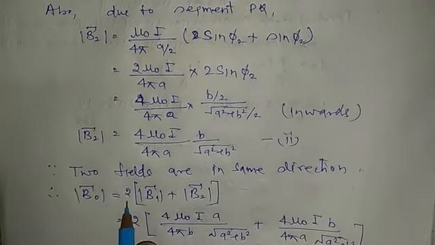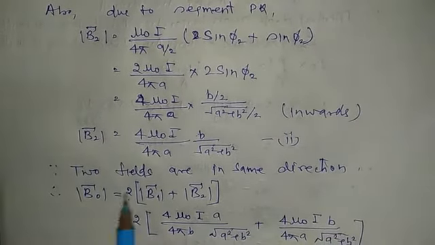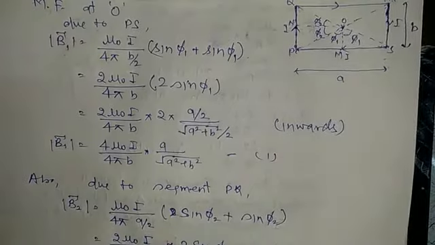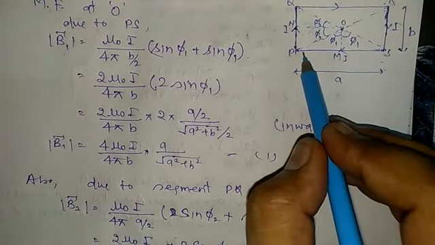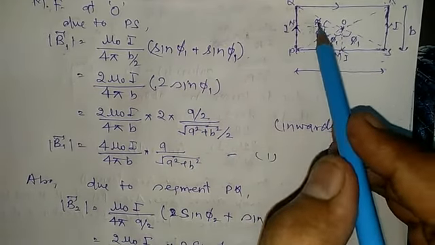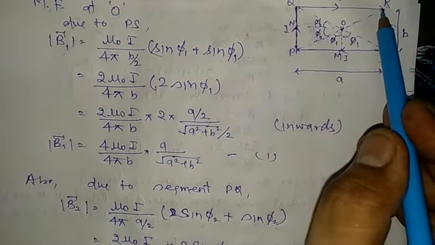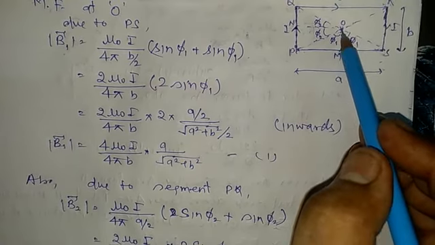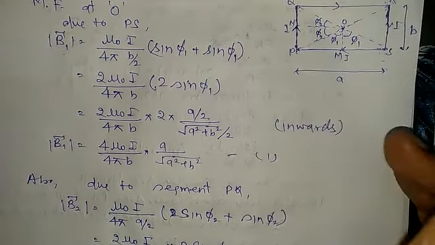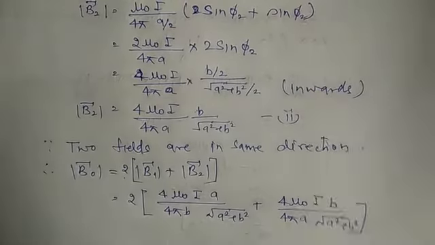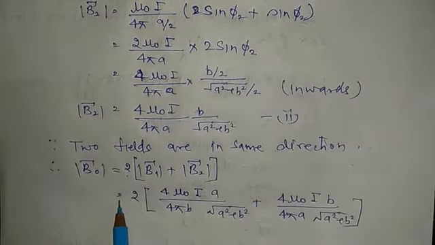We have multiplied here with the factor 2 because the magnetic field at O due to SP will be same as due to QR, and the magnetic field at O due to RS would be same as that of PQ. That's why we have used the multiplicative factor 2.